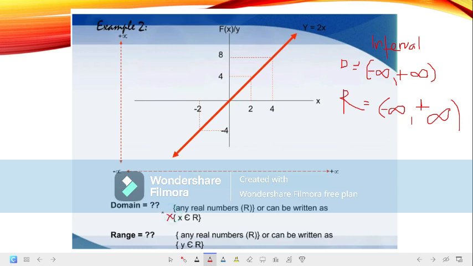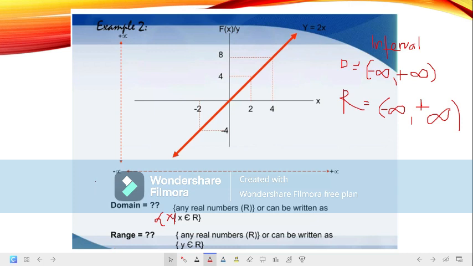The braces will be here, and here. The set of all x's such that x is an element of real numbers. So this is for the set builder.